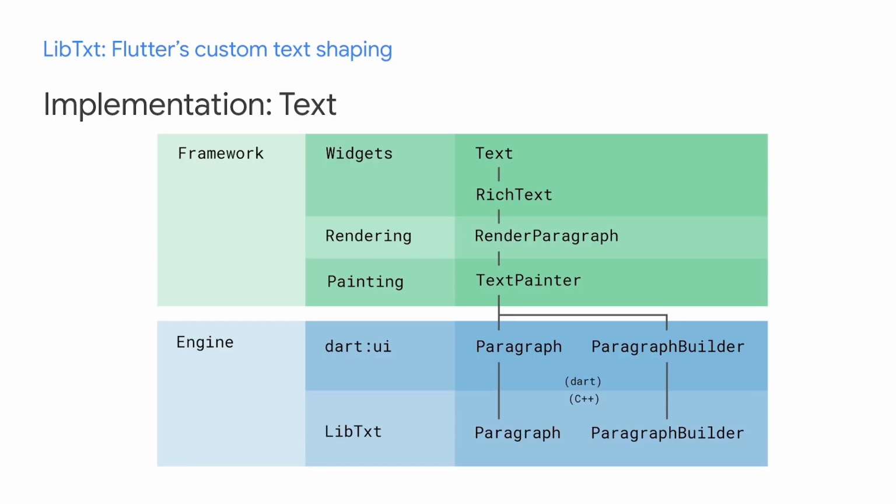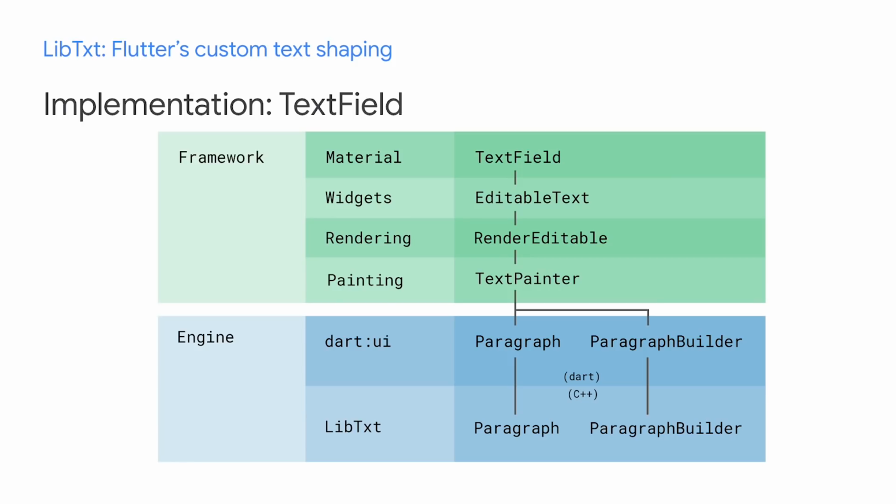Starting from the top now, we have the plain text widget, which behind the scenes is actually a rich text widget in disguise. Underneath of that is the render paragraph render object, which handles taking that text and telling the text painter what to do. And the text painter then directly uses LibText's API to draw the text.